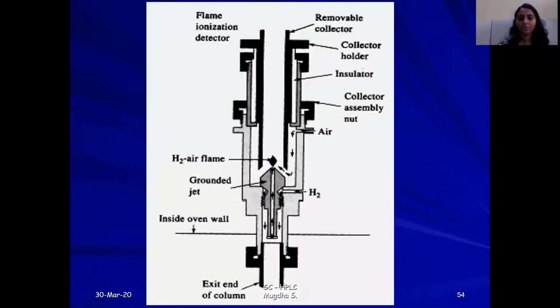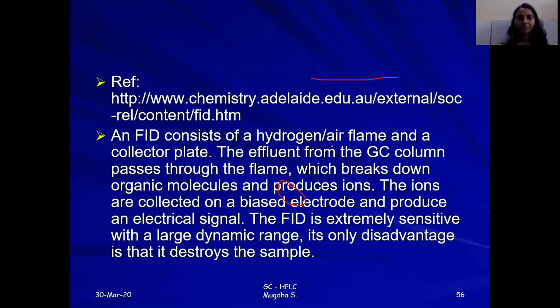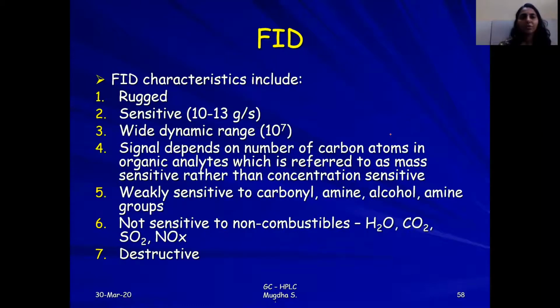Now, the flame will excite the sample, and you have a collector assembly which will collect the sample, and you will be able to take the readings. So an FID consists of a hydrogen air flame and a collector plate. Some characteristics of FID.